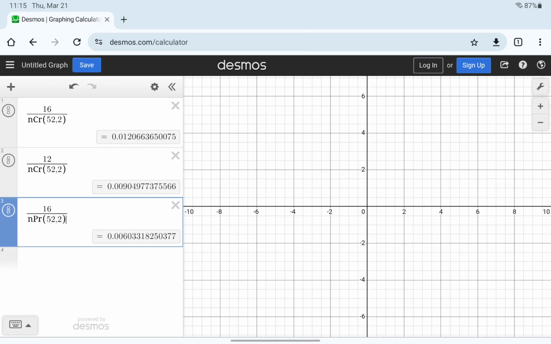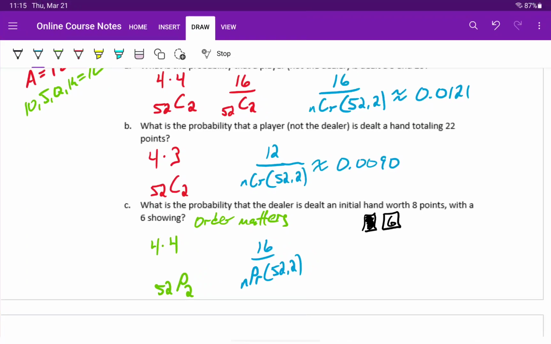To get 0.0060. And again, we're coming up with that 4 times 4, because if the second card is a 6, the only way for the dealer to have a total of 8 points would be for that first card to have been a 2.